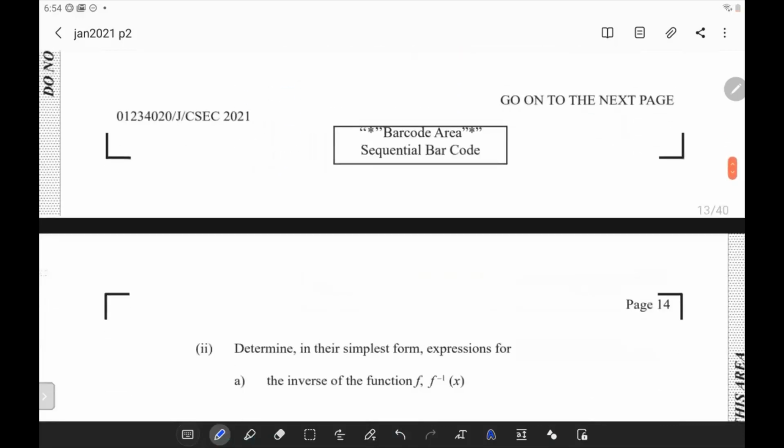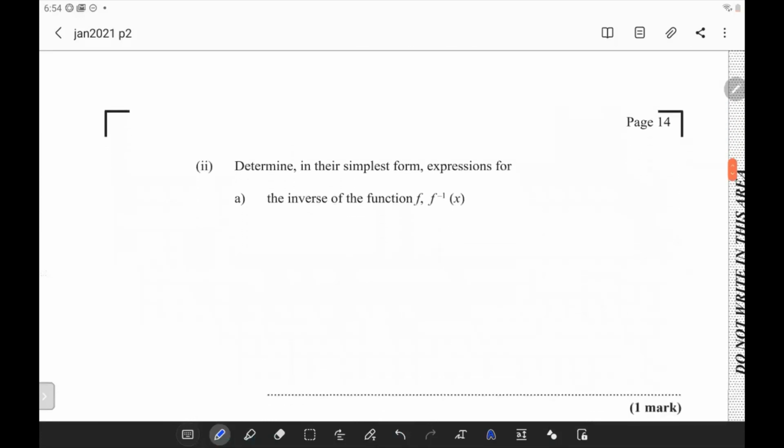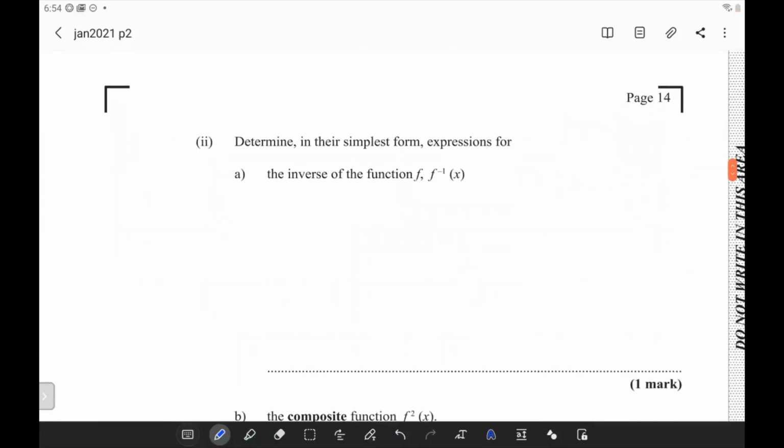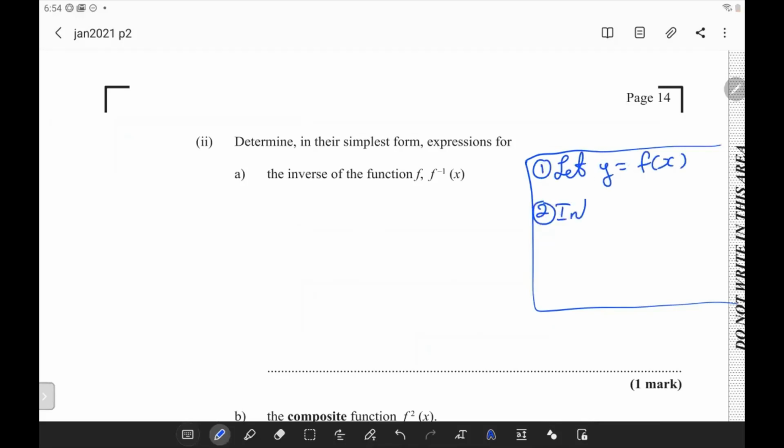They ask us now to determine, in its simplest form, an expression for the inverse of f. So remember, to find the inverse, we replace f of x with y.